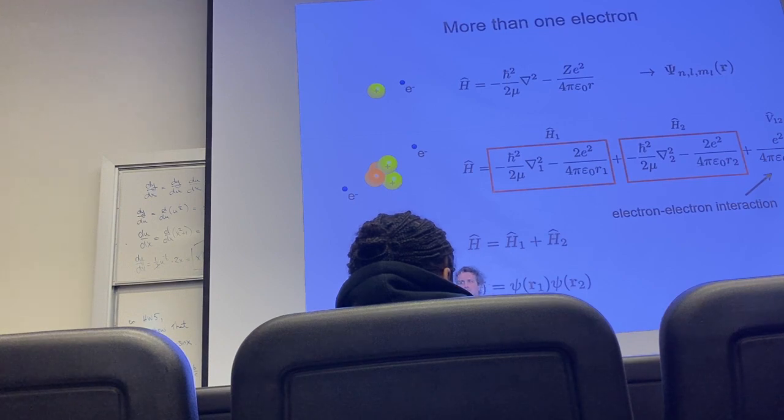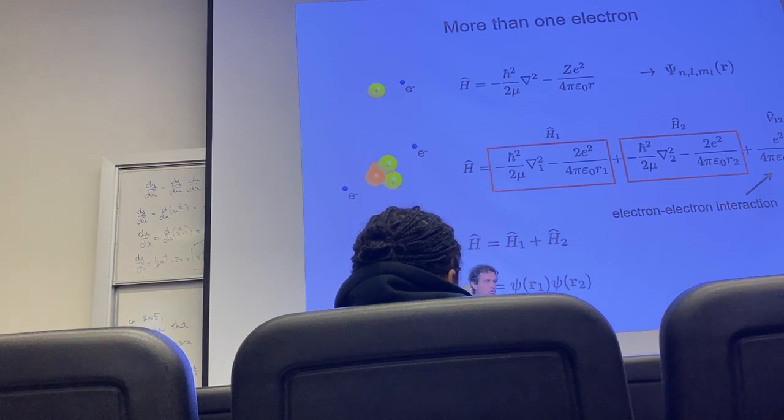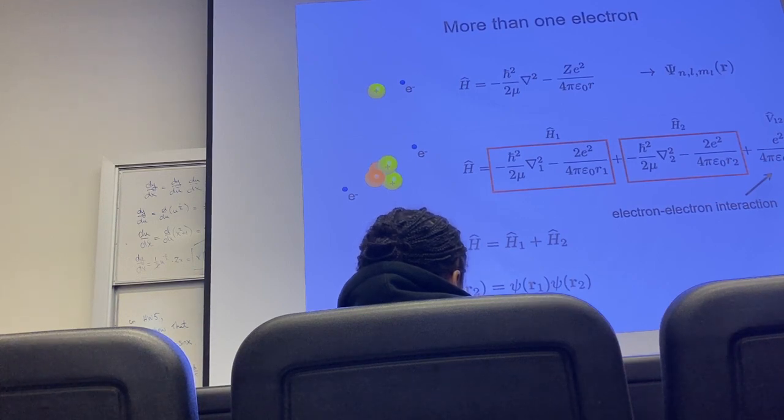There's no mutual interaction between them. That is the last term that I crossed out. This one, H1, is just particle 1, just particle 2. There's no cross term in between. That means they're individual. And in that case, I suspect that the solution of the wave function for this Hamiltonian is just the wave function of one times the wave function of another.